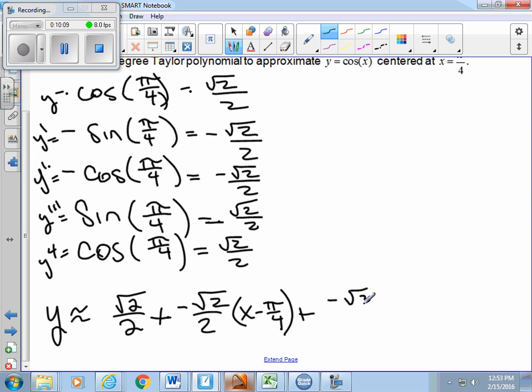Negative radical 2 over 2, x minus pi over 4 squared divided by 2 factorial.